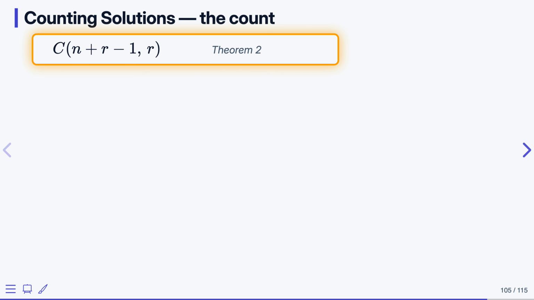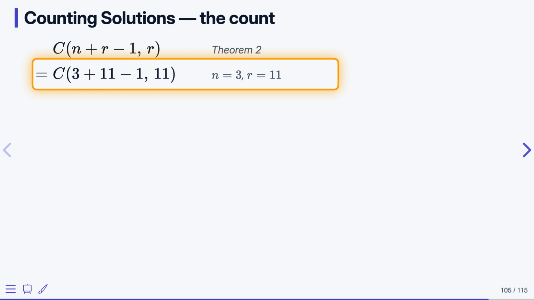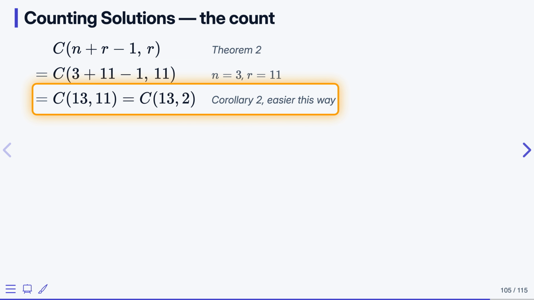This is the working. Line 1. Theorem 2 says the count is C of n plus R minus 1, R. Line 2. Put in n equals 3 and R equals 11. Line 3. 3 plus 11 minus 1 is 13, so we want C of 13, 11.